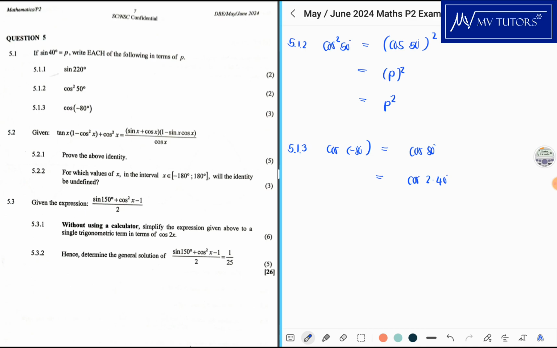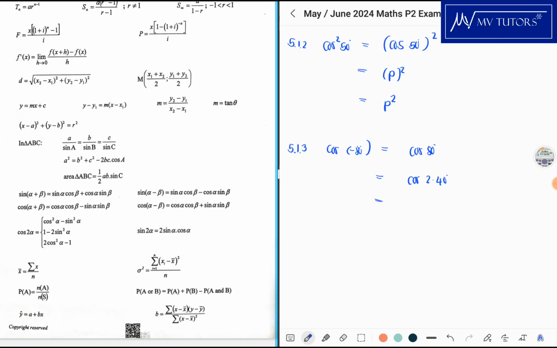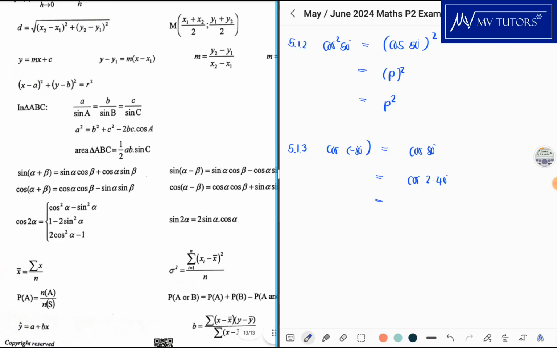So with this, we have 3 possible solutions. Remember, if you have cos of a double angle, you have 3 solutions. So I'm just going to go with the first, which is cos squared 40 minus sine squared 40.